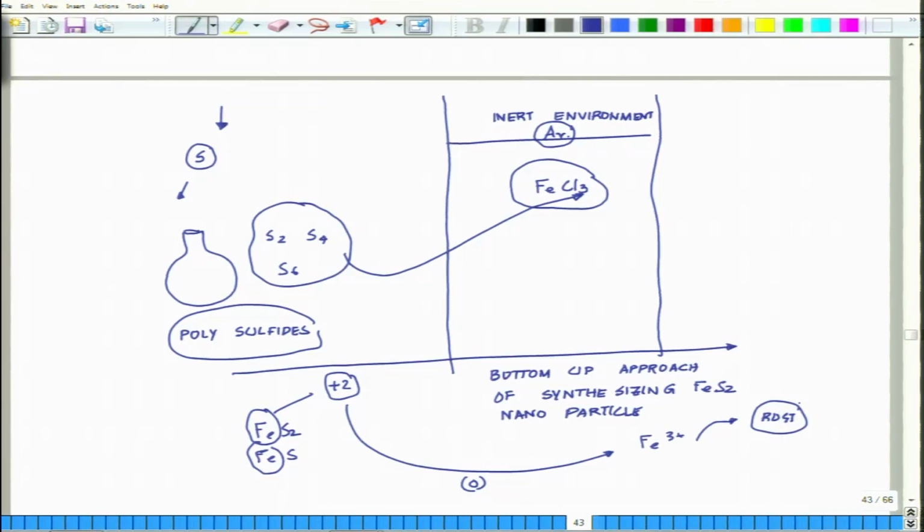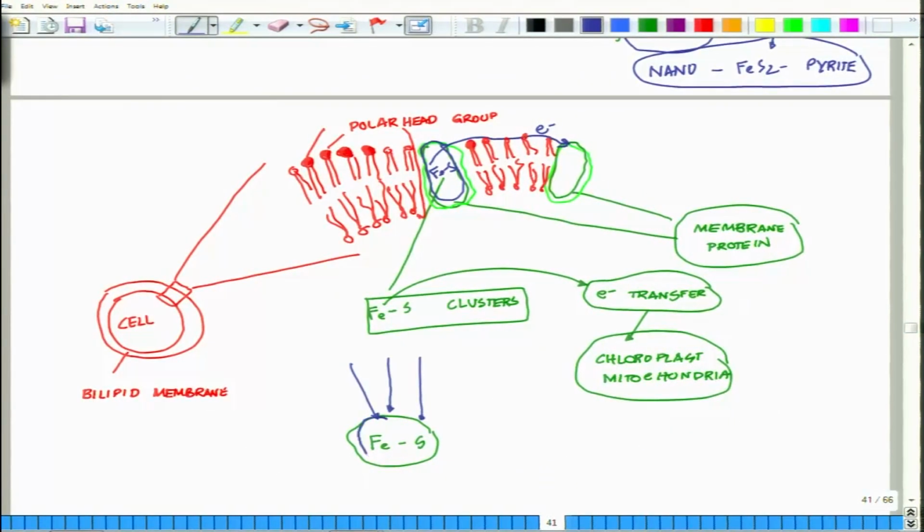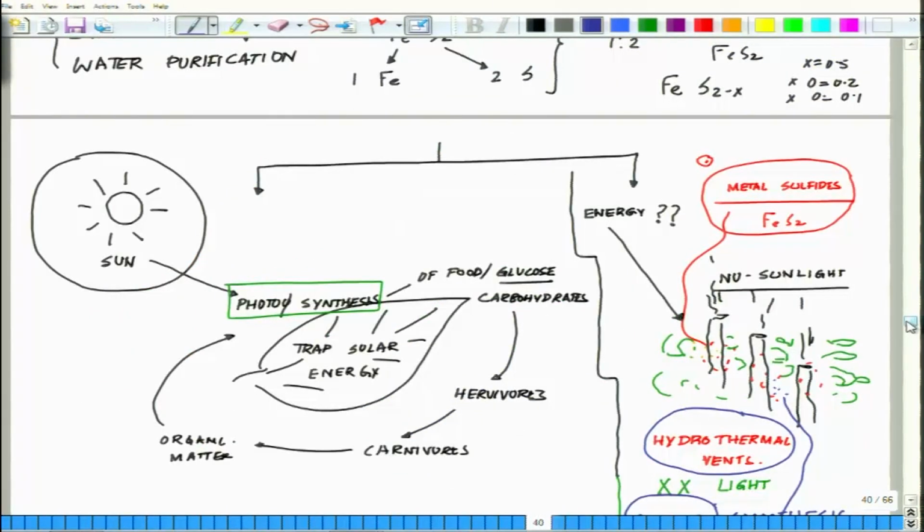So, here we are having certain iron on the crust of earth which maintains its oxidation state of 2, and same here, most of the iron sulfur clusters, or all the iron sulfur clusters, have iron in an oxidation state of +2. They are in the ferrous state. Same out here, whether it is a hydrothermal vent.